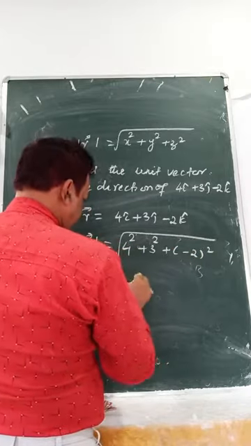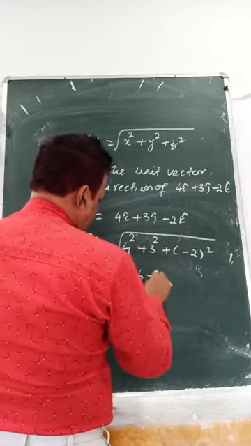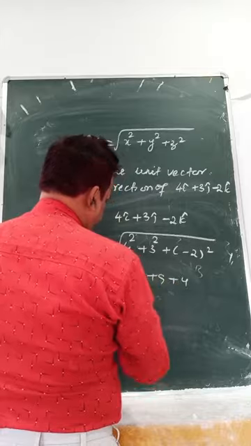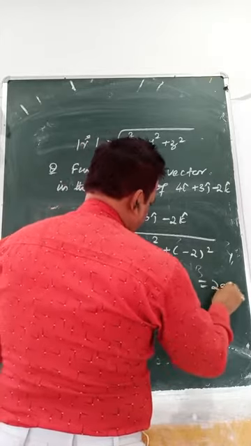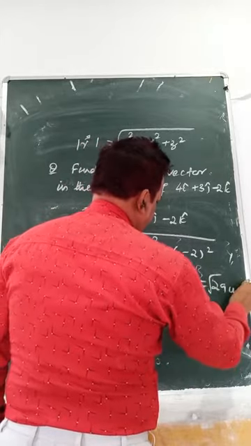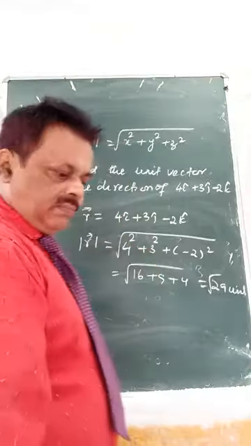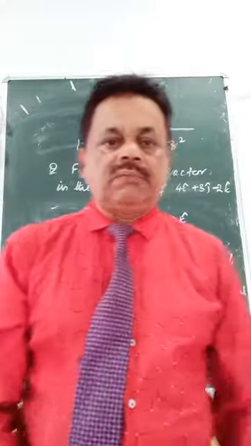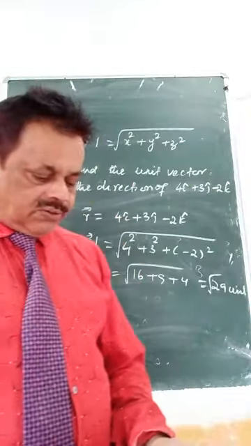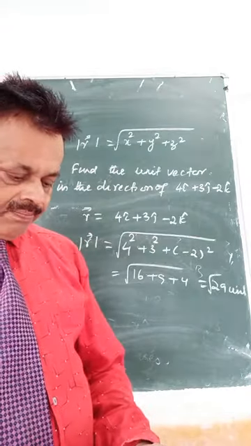That is 16, 9, 4, 29. Got the point now? These are the basic questions you are doing now. So it could be a 1 mark question every time.